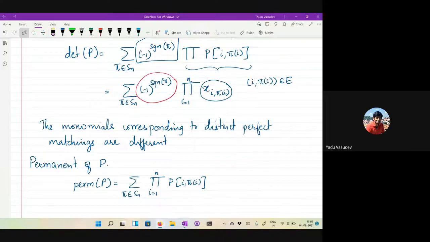Exactly, right? So if you could compute the permanent, this is basically looking at counting the number of perfect matchings. Because if you can compute the permanent, then all you need to do is to assign, say, value 1 to all the variables. And then what you have is the number of perfect matchings in this graph.